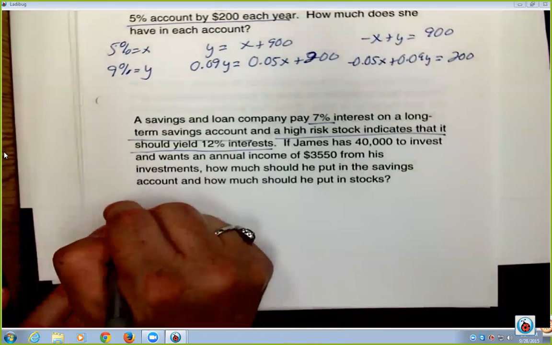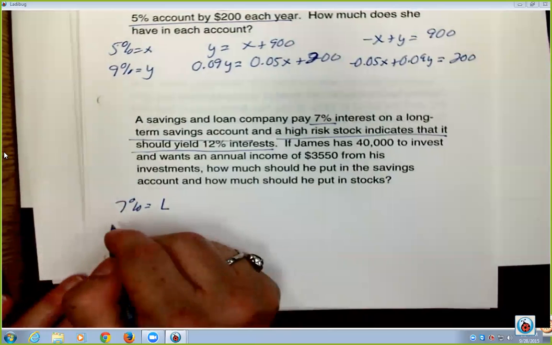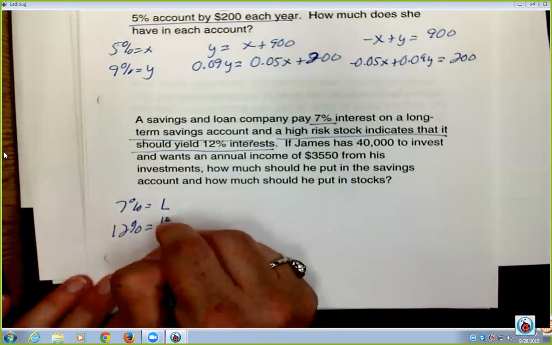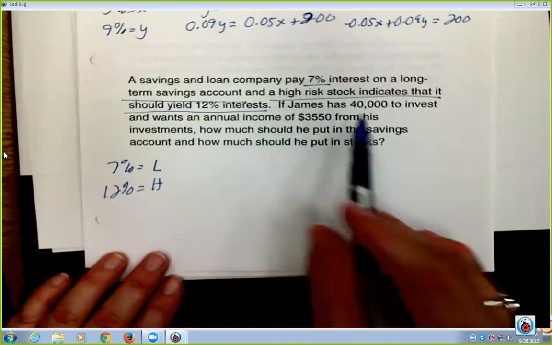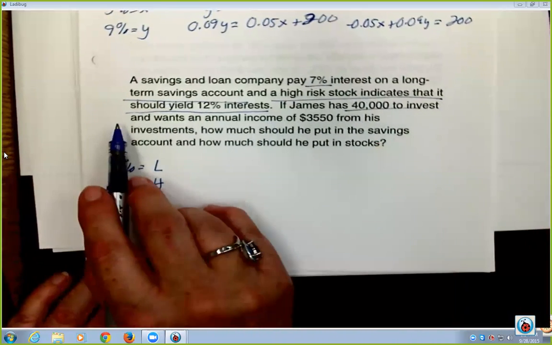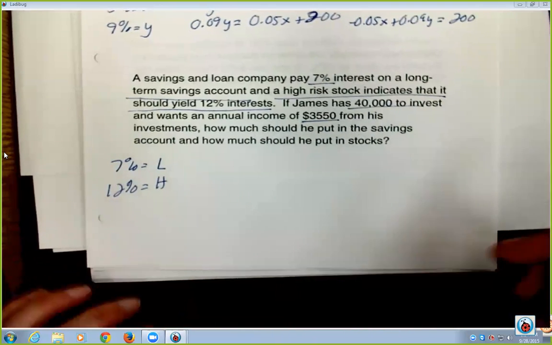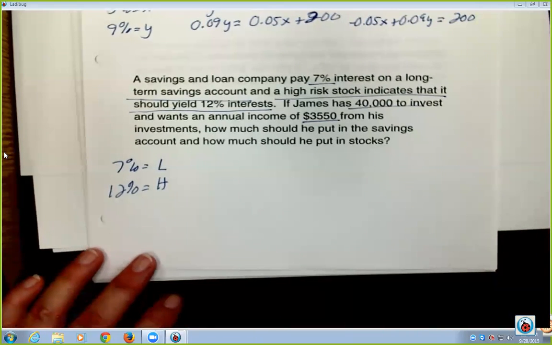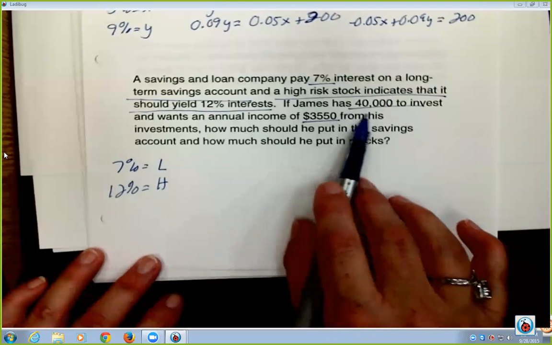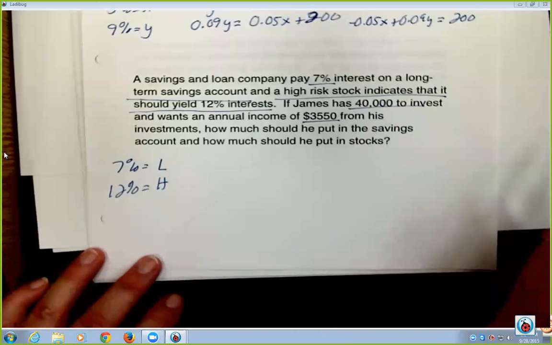So we have 7% on a long-term, I'm going to label it L, and 12% on a high risk, and we're going to make that H. So James has $40,000 to invest, and he wants an annual income of $3,550 from it. How much should he put in the savings account and how much should he put in the stock? So if he has $40,000 to invest, what would that mean in relationship to my L and my H?